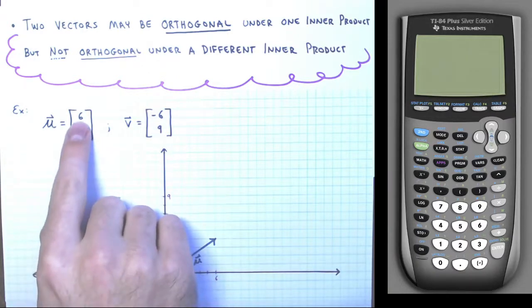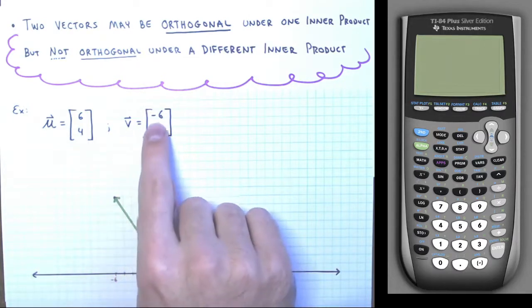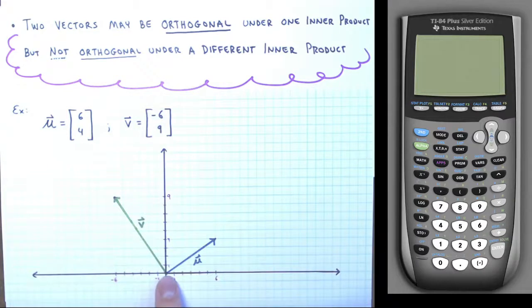Vector u tells me go right 6, up 4, so here's vector u, going from the origin to the point (6, 4). And vector v tells me go left 6, up 9, so there's vector v, this arrow from the origin to the point (-6, 9).